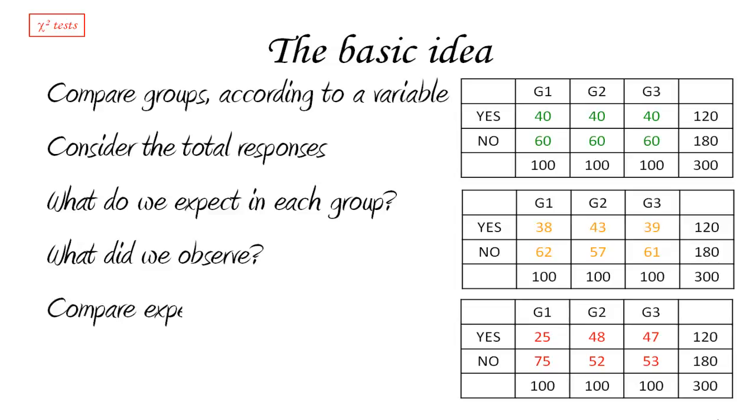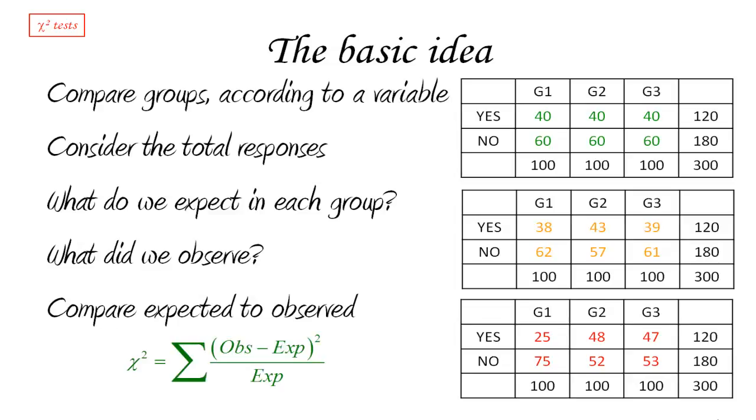Okay, so how do statisticians do that? What they do is, again, they compare the expected frequencies to the observed frequencies. And for those of you who are mathematically minded, they do that according to this formula, which is called the chi-squared formula. Squared because it involves certain quantities squared, and chi, well, just because they picked the Greek letter chi. Okay?